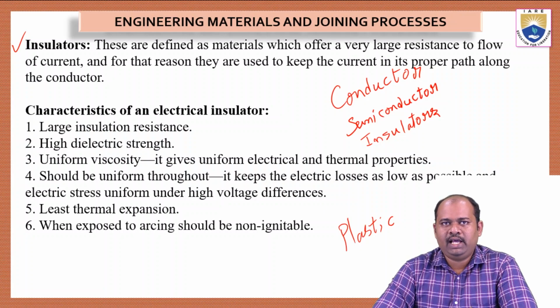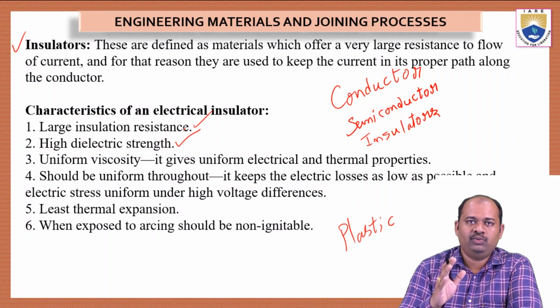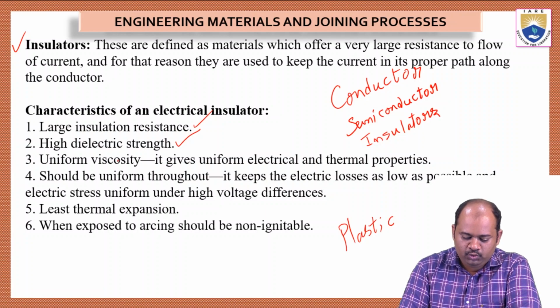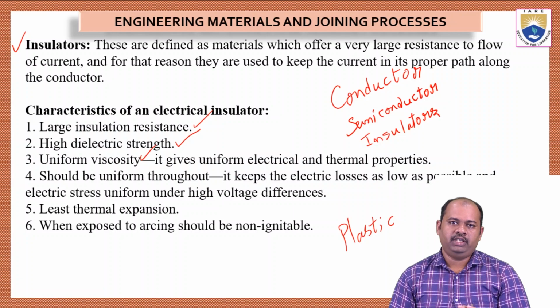So let us see the characteristics of an electrical insulator. It should have large insulation resistance and high dielectric strength. It should not depend on the temperature; its insulation should not change. It also should have uniform viscosity so that it will give uniform properties.